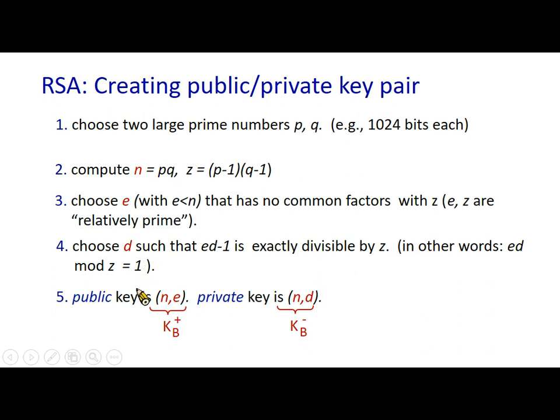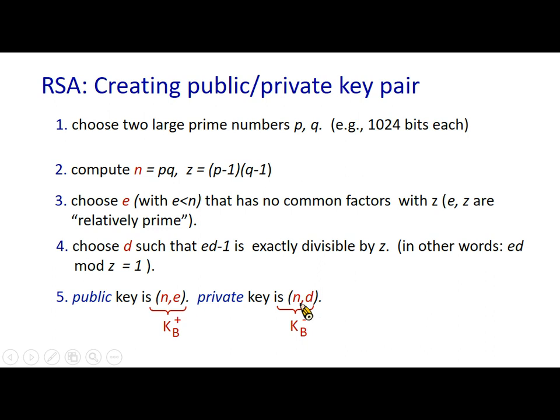And we can say the public key is n and e, the K B plus, and the private key is n and d, the K B minus.